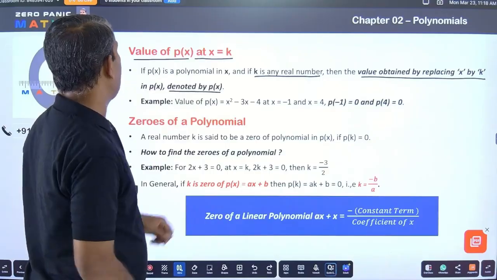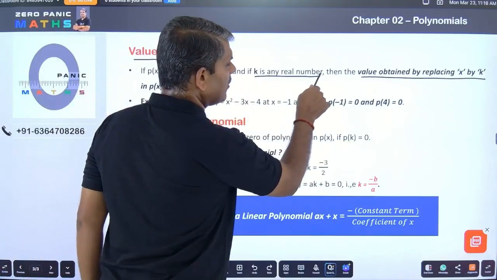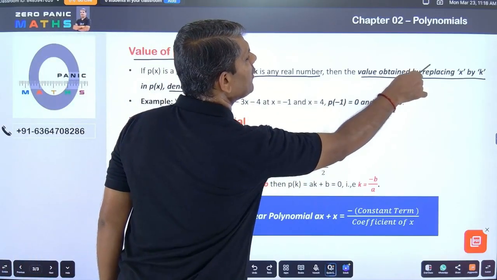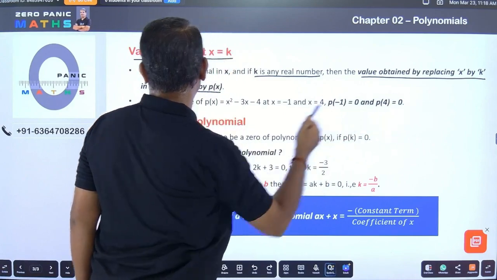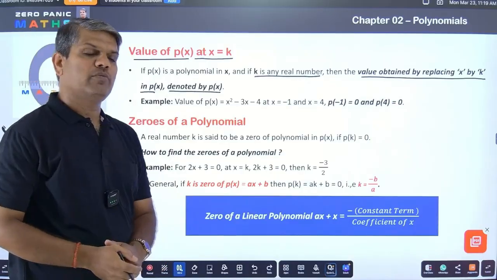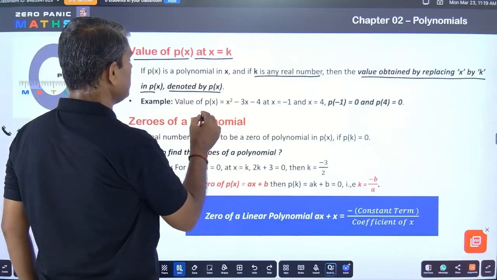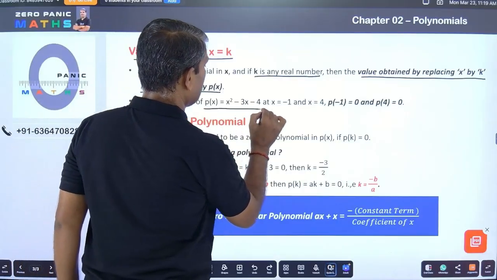So how do we define it? If p of x is a polynomial in x and k is a real number, then the value obtained by replacing x by k in p of x is called the value of the polynomial p of x. I've already given an example, but let us take another example.